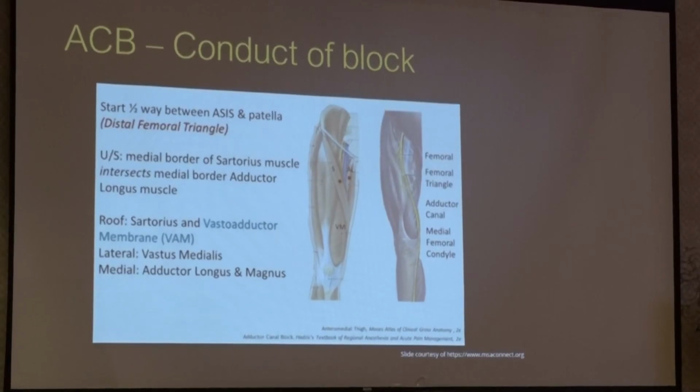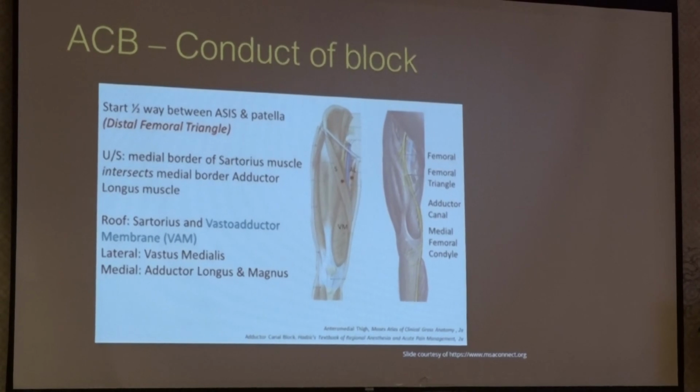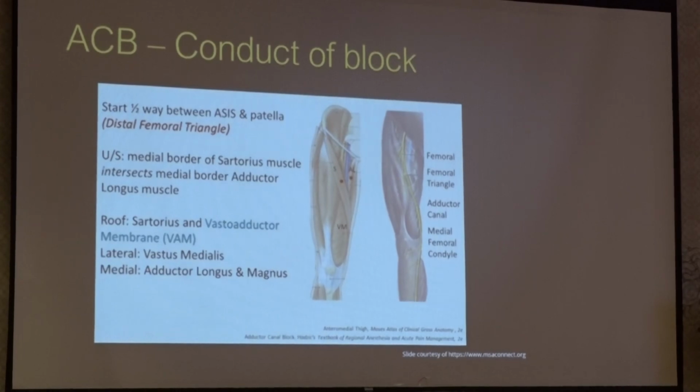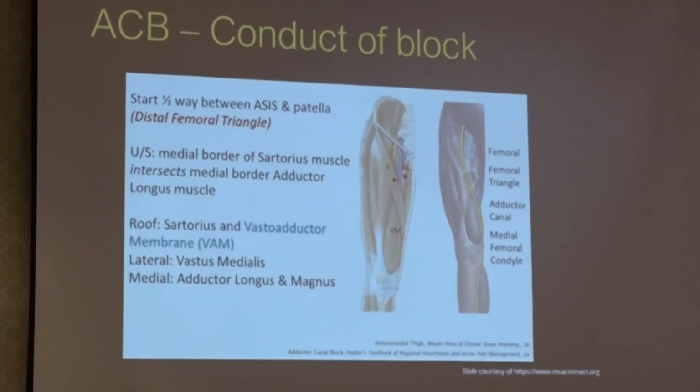So for the adductor canal block, if you want to do it the proper way, there's always a process of scanning. You put your probe at the anteromedial aspect, starting halfway between the ASIS and the patella, at the distal femoral triangle. You scan, look for the artery, and trace it upwards and downwards.